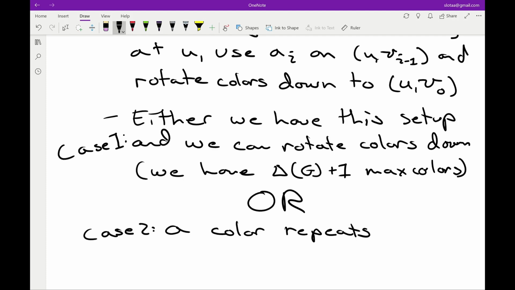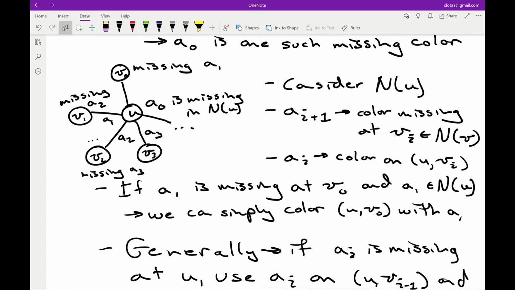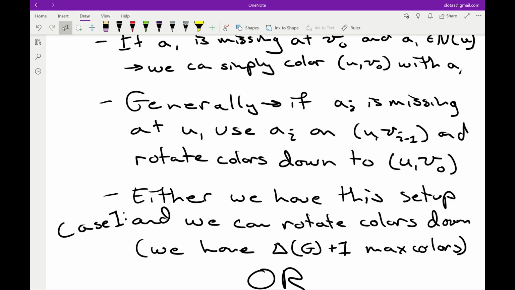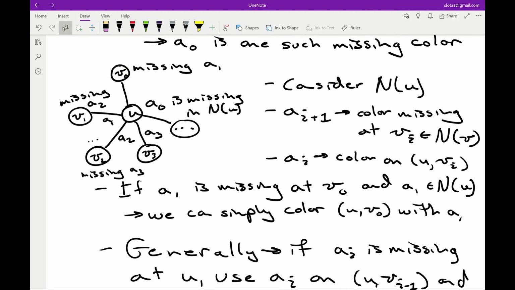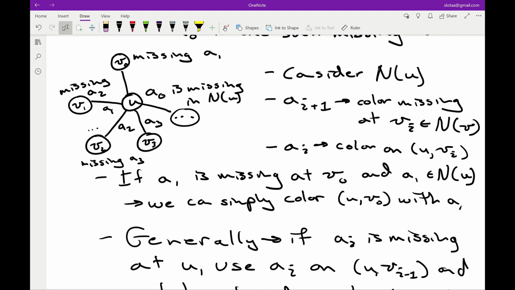In case 1, if we have the structured setup here, because we only have delta G plus 1 maximum colors possible and a neighborhood of delta G, we are eventually able to rotate the colors all the way down to the missing color, or the missing edge in terms of edge coloring.